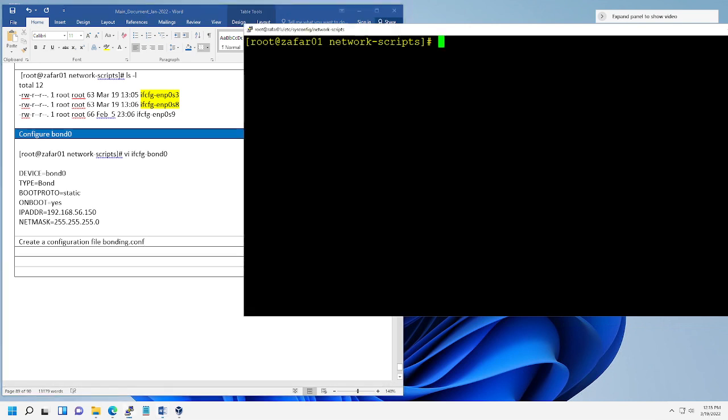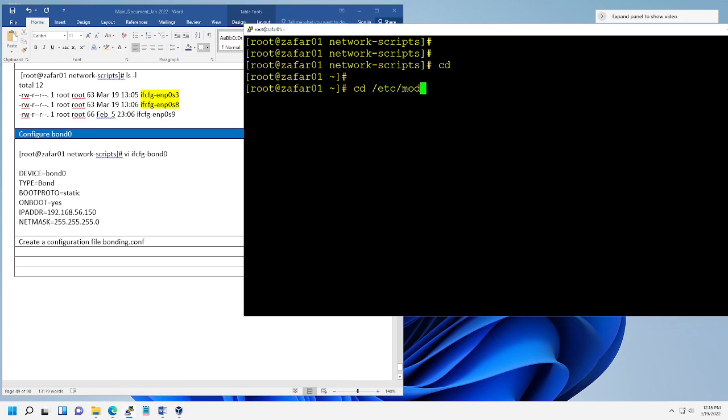So what we're going to do is we're going to go in here, cd /etc/modprobe.d. Okay, I'm going to go into this folder here, pwd, and then I'm going to go in here and create a file named bonding.conf. Conf stands for configuration.